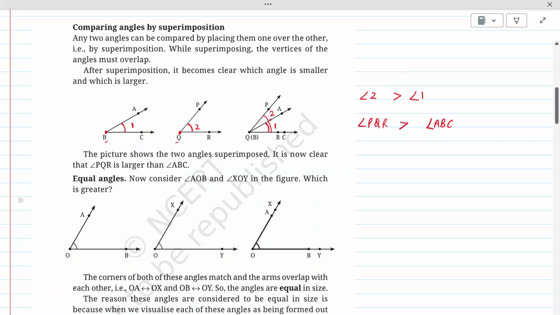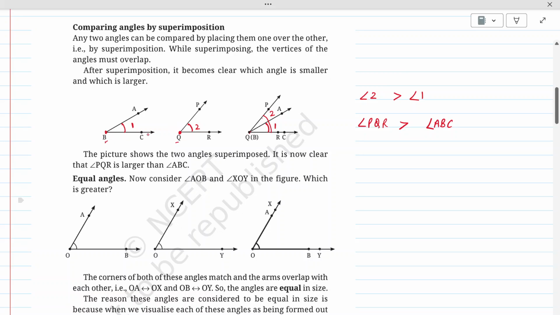Again, I am repeating, when we have to compare two angles, we will superimpose them, meaning we will place one on top of the other, such that their vertex coincides. Here B and Q are at the same place.